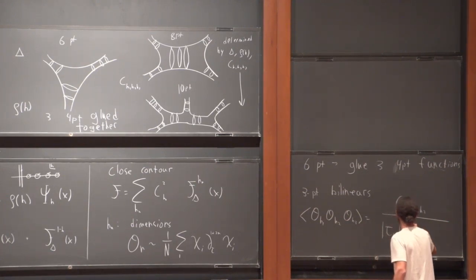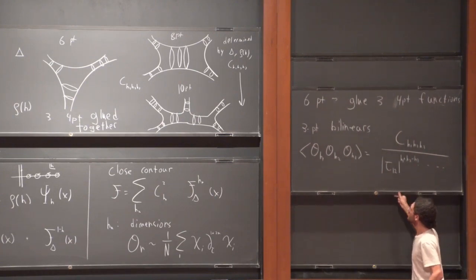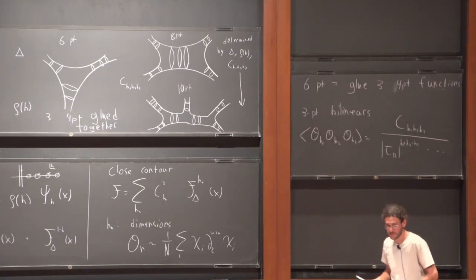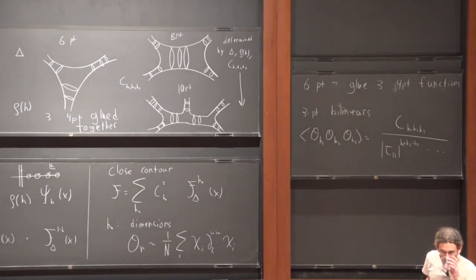So this, of course, takes the form of a conformal 3-point function with 2 more terms here, which I won't write. Are the C's defined only for the H's that are the dimensions of physical operators, or for any H? Good.